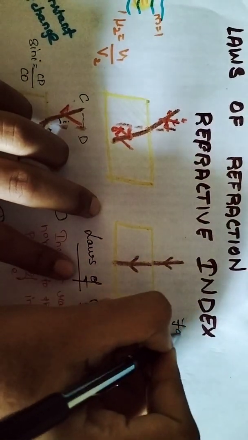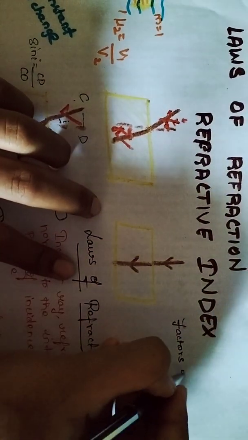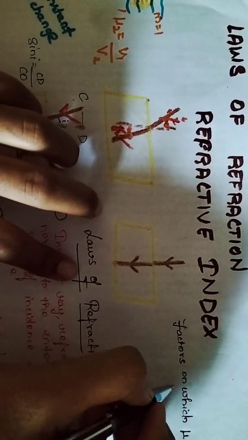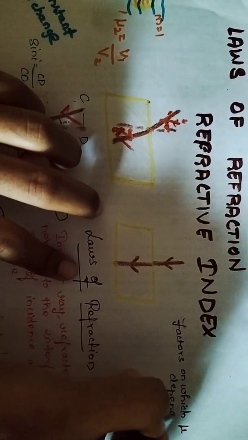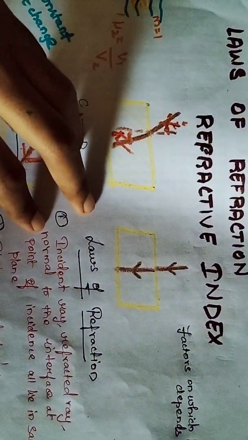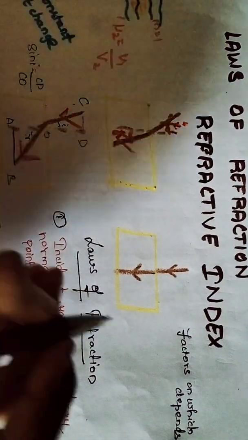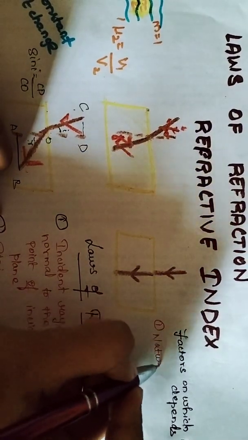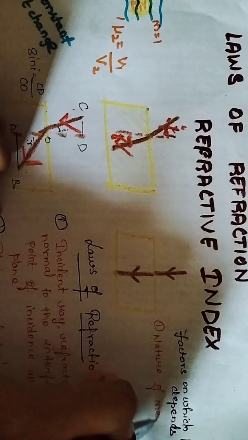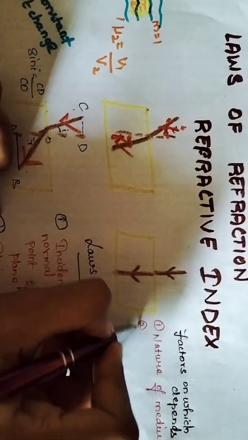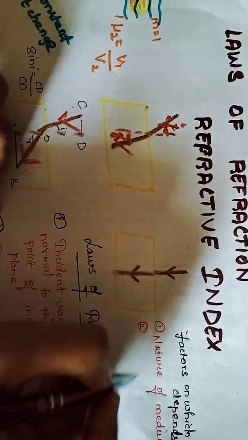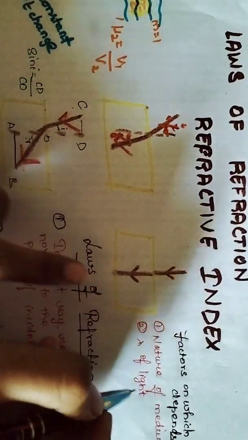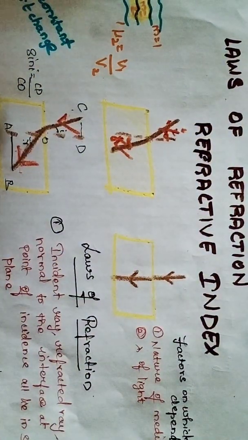Factors on which refractive index depends. Children, shall I write those causal factors? The first one is nature of the medium. The second point is wavelength of light used. Try to memorize while listening in the class itself.